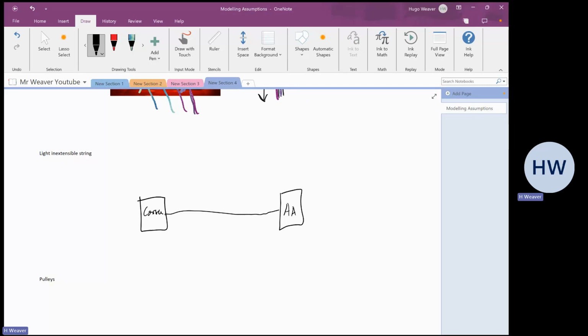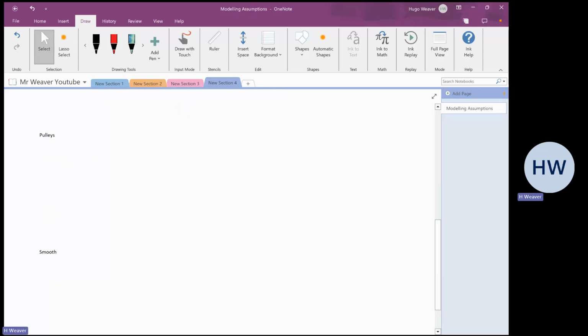And what that means is the tension going either way remains the same throughout. Sometimes it's said as a rod, so with a rod, the tension's working exactly the same. Imagine a really thick rope that doesn't extend, unlike a bungee cord or a rubber band, where as you pull it, the tension is changing all the time. Whereas with a light inextensible string, it stays exactly the same.